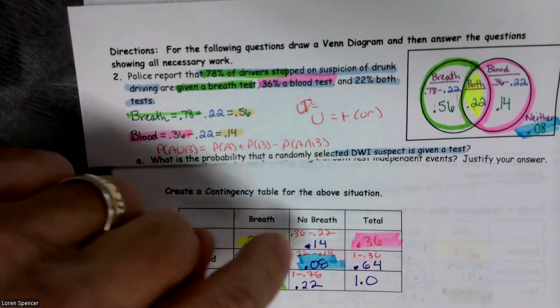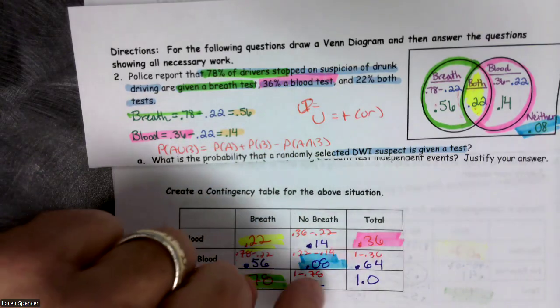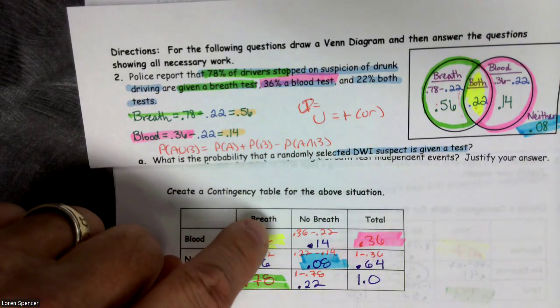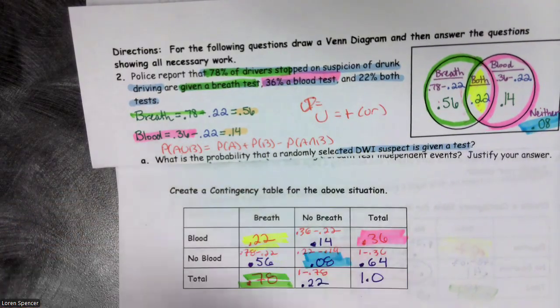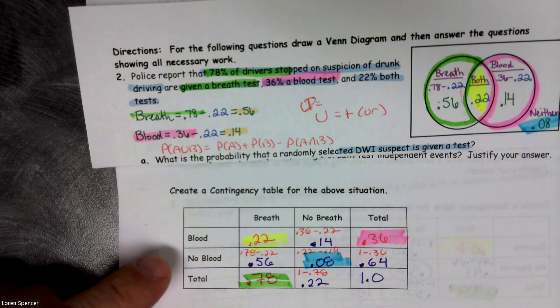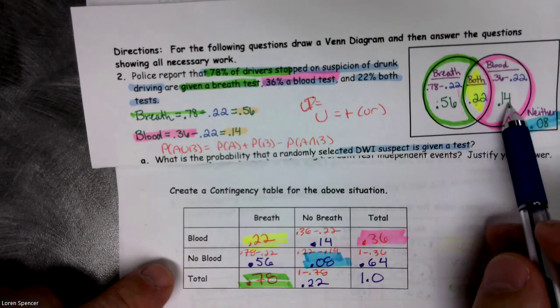And this plus this must equal this. This plus this must equal this. This plus this must equal that. Going this way, this plus this equals this. This plus this equals this. This plus this equals that. All the rows have to add up and all the columns have to add up. And if you think about this, this is the probability of giving a blood test, but no breath test.